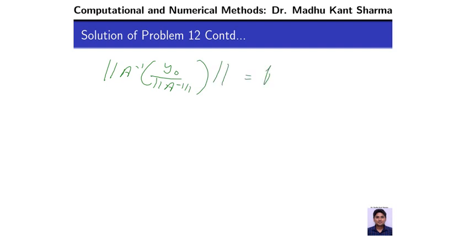So this certainly implies that norm of A inverse is equal to the infimum over norm of y equals 1 of norm of Ay, and hence the result holds true.